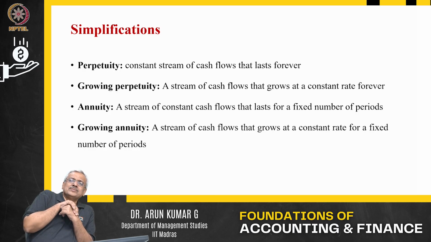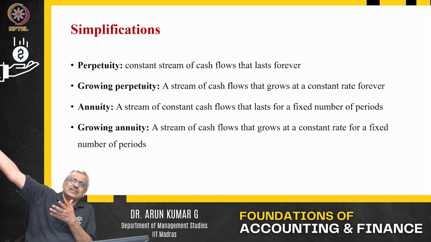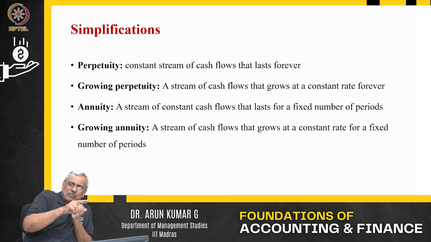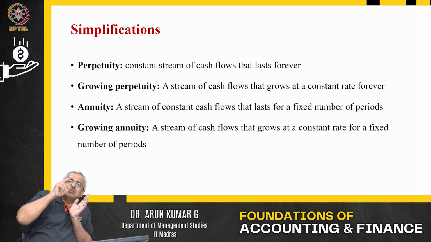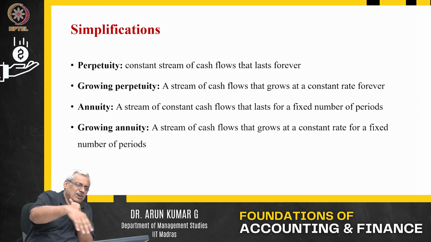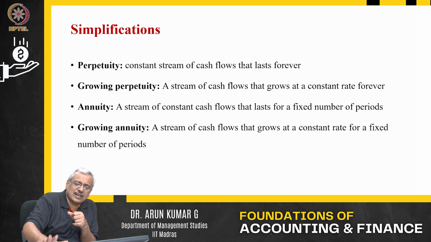So every year, the pension I am going to get increases by 3% consistently, year on year, till the last day I receive pension. So it is a perpetuity, meaning lifelong, but it is also growing at a particular rate: 2%, 3%, 5%, 10%, whatever it is. That is what we call growing perpetuity. That is a stream of cash flow that grows at a constant rate forever.